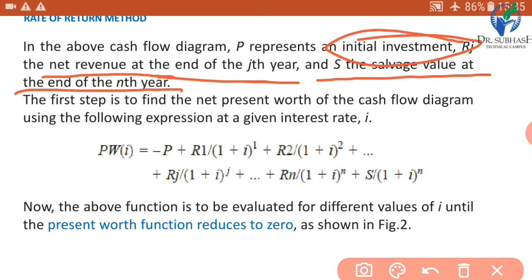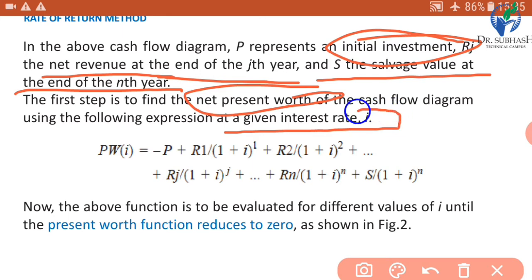The first step is to find the net present worth of the cash flow diagram using the following expression at the given interest rate i.